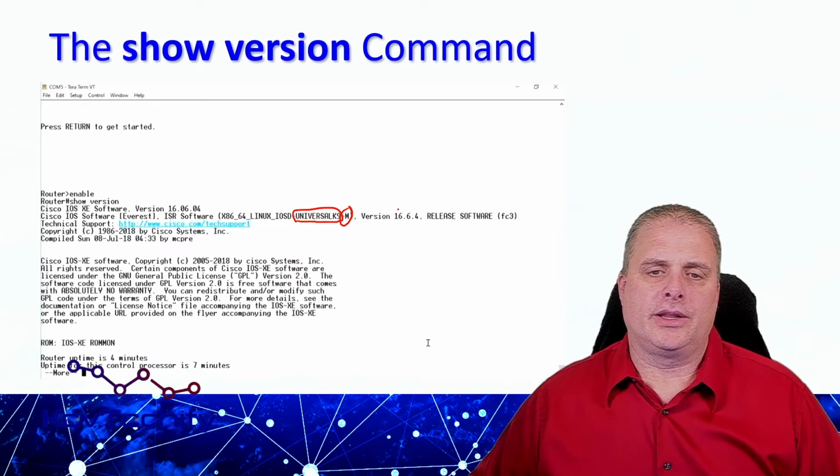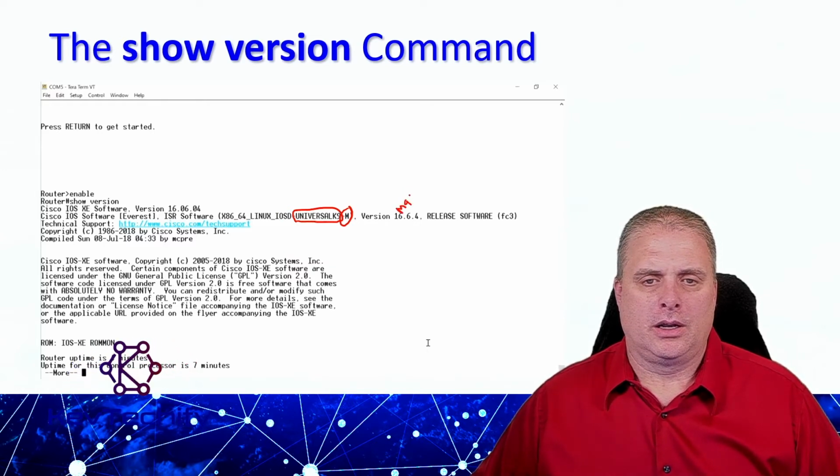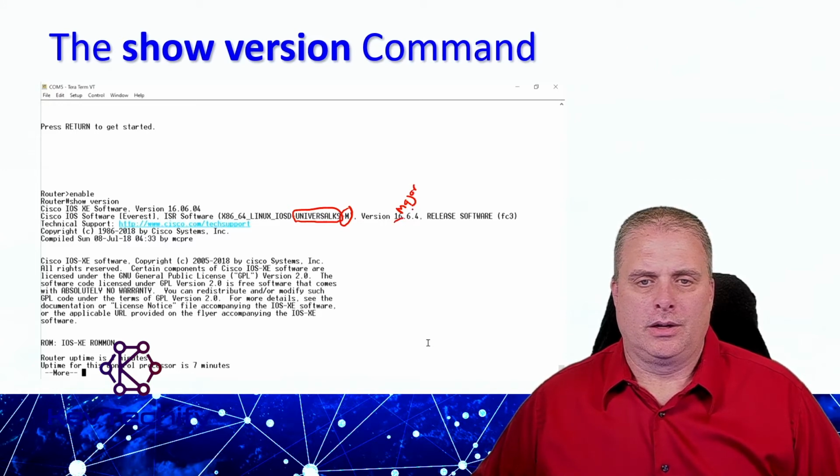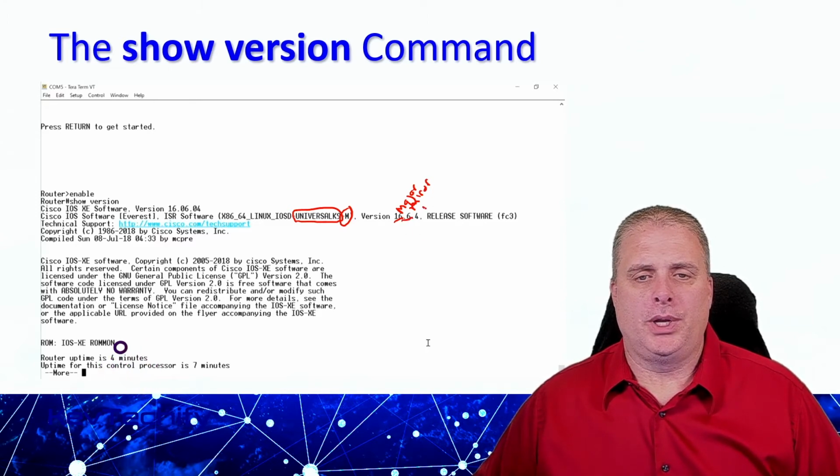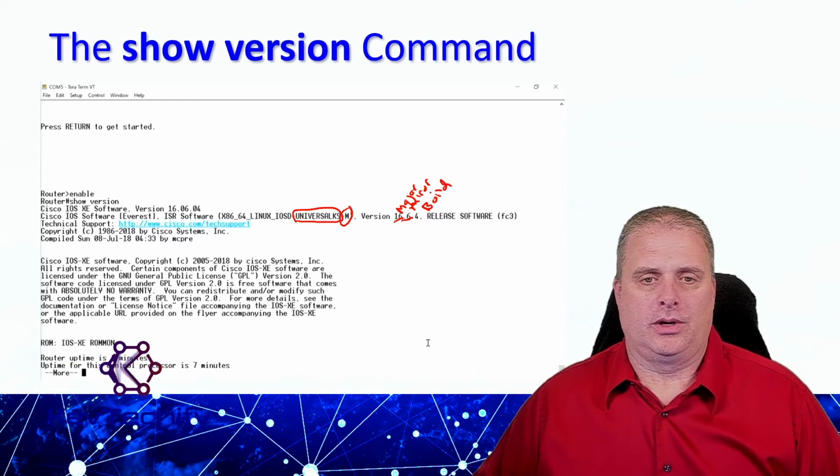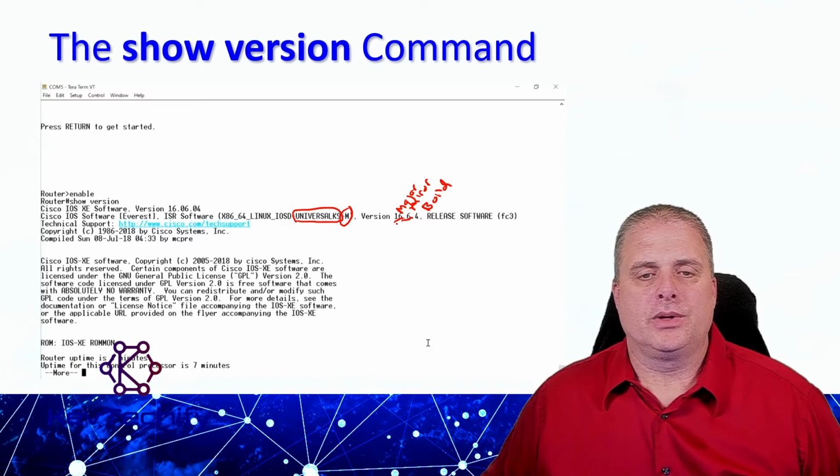Next, we can tell that this is major release 16, minor release 6, and build number 4. And that was major release 16, minor release 6, and build number 4.